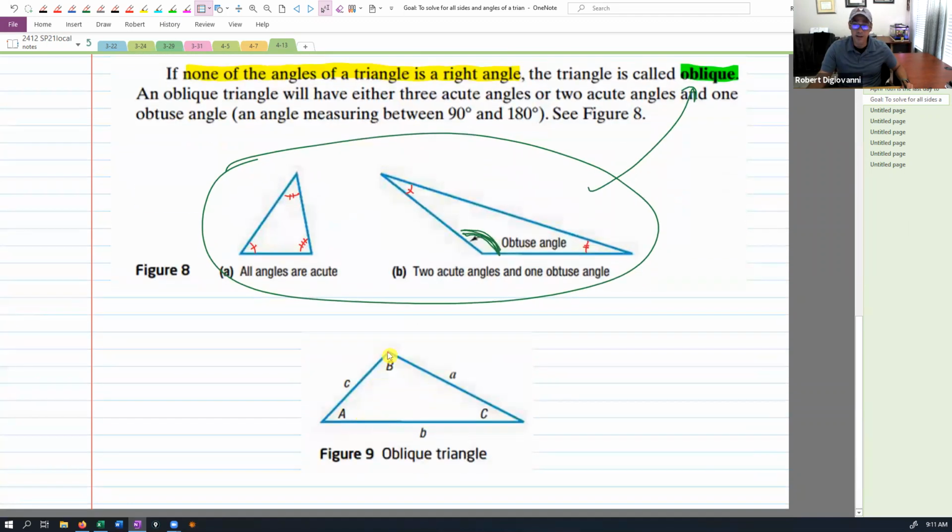We're going to label the angles capital A, capital B, capital C. And then the sides are the ones that are opposite of the angle. So the side opposite of angle C would be little c. The side opposite of angle capital B would be little b. And the side opposite of capital A would be little a. All right, so that's going to be our standard drawing from here moving forward.